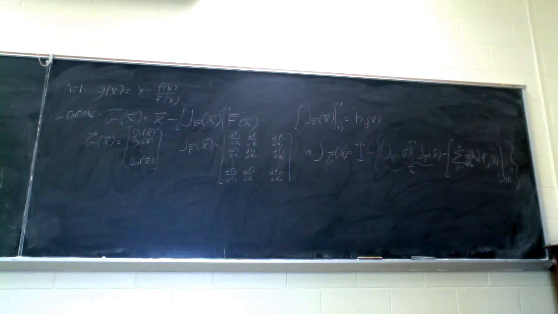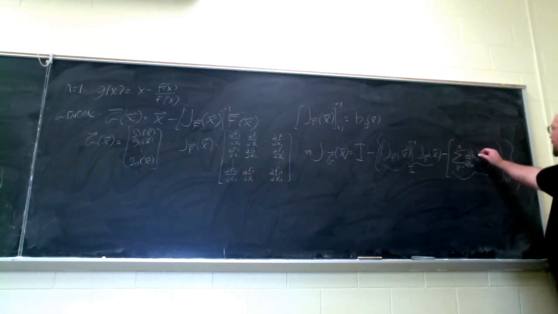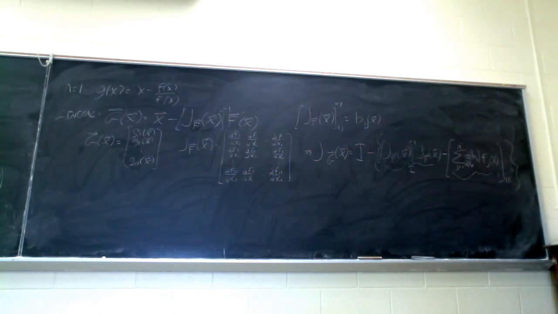Okay, so really what's happening, this is an element of... we're taking the ith row of the inverse Jacobian, and then we're taking the matrix vector product with f, but then we're differentiating all of these with respect to xk.